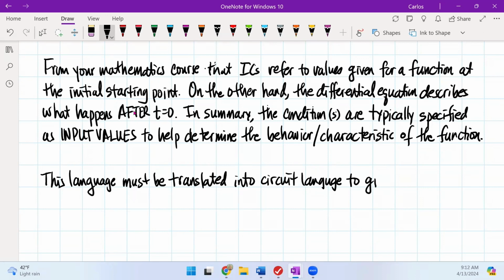To give context, what exactly the initial conditions do.